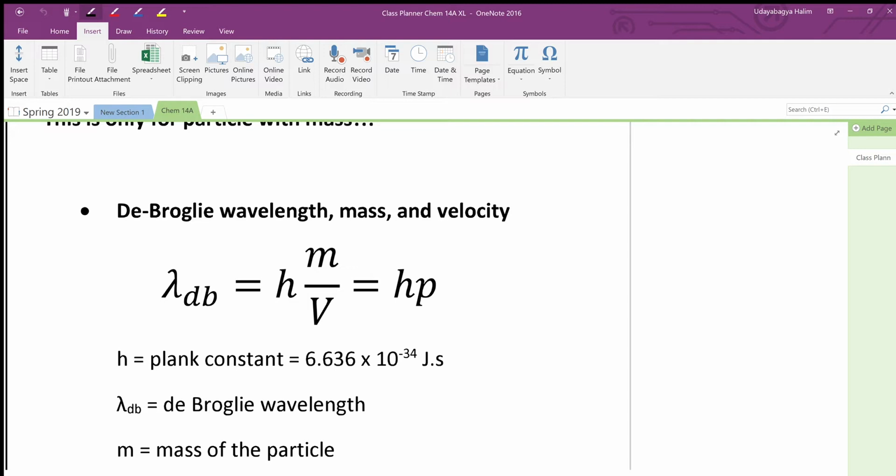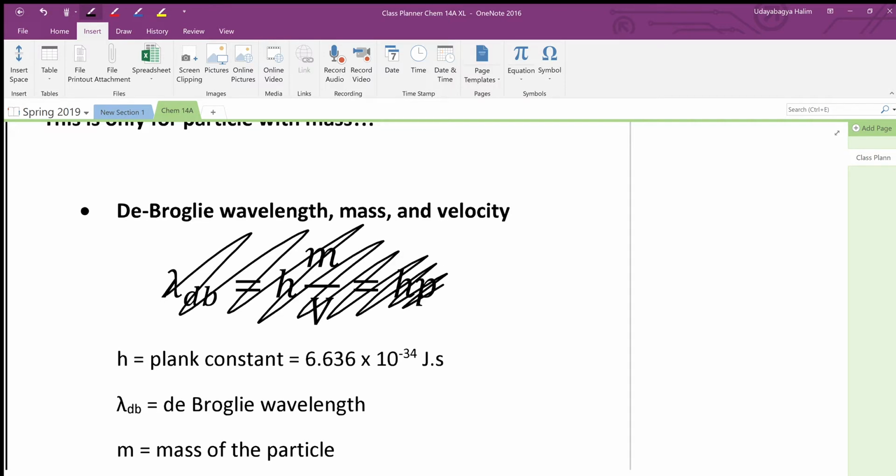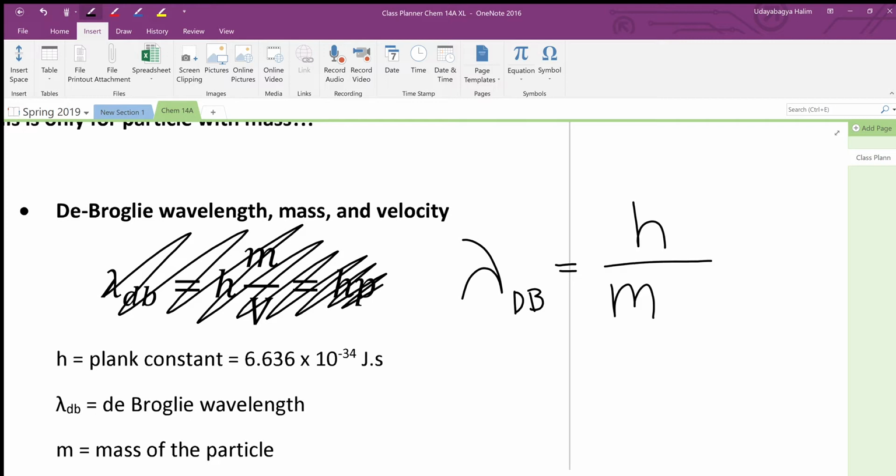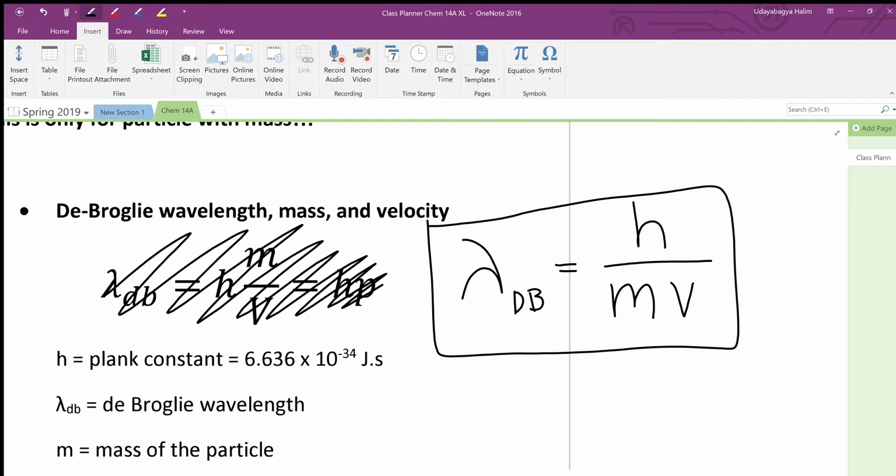I'll update it online, but the whole thing, just scratch it off. So there's a new equation to describe the wave property. Yeah, this is the right equation.